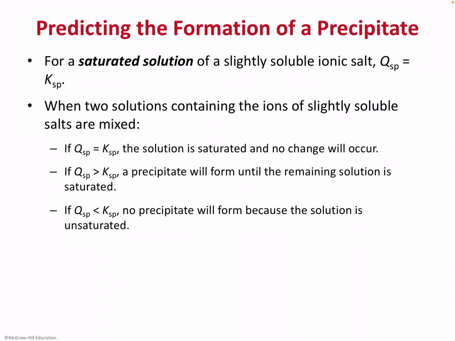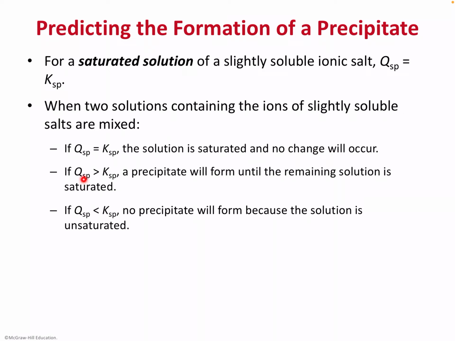Predicting the formation of a precipitate. For a saturated solution of a slightly soluble ionic salt, Qsp equals Ksp if it is saturated. When two solutions containing the ions of slightly soluble salts are mixed, if Qsp equals Ksp, the solution is saturated and no change will occur.